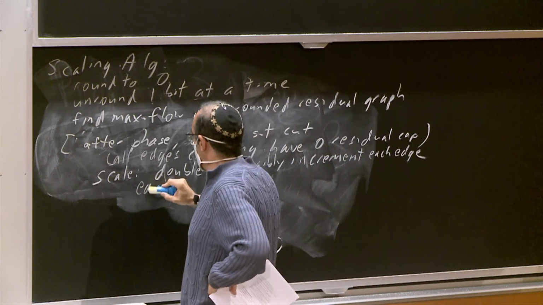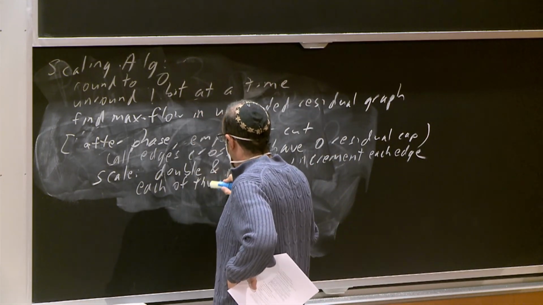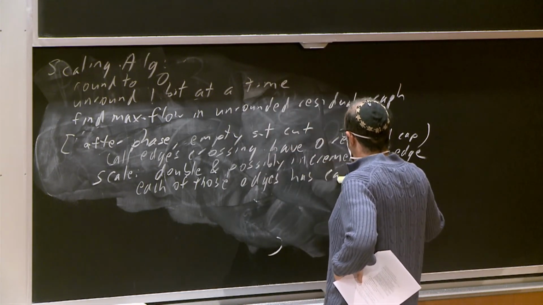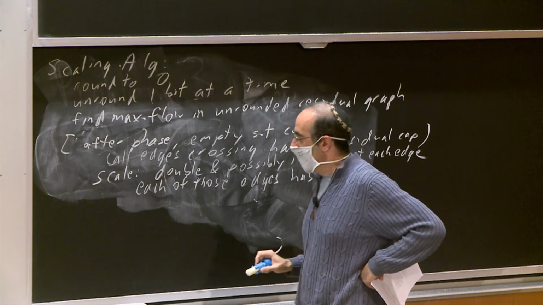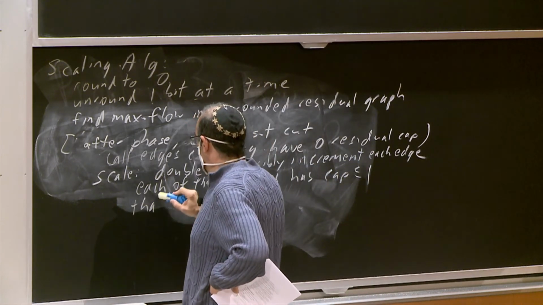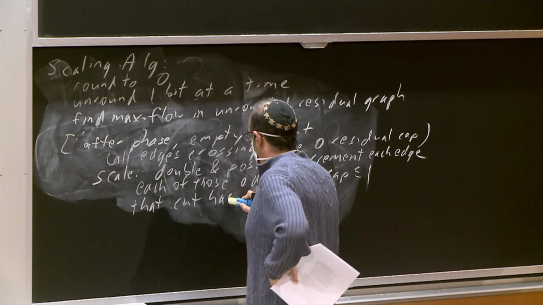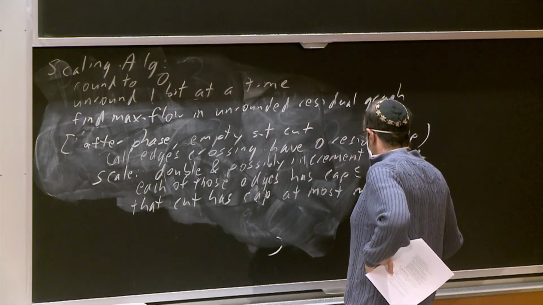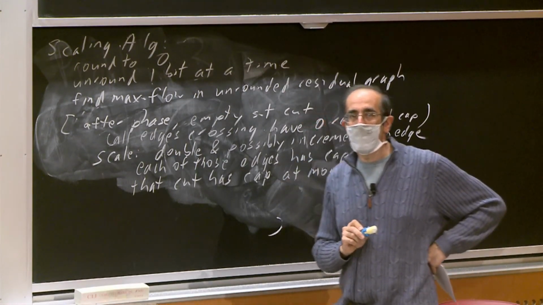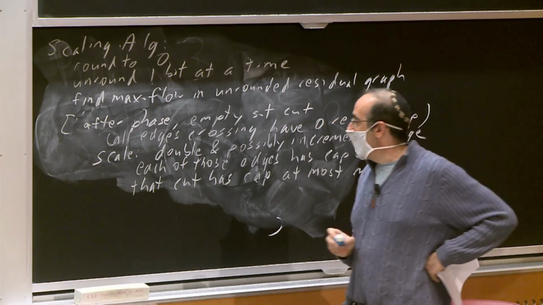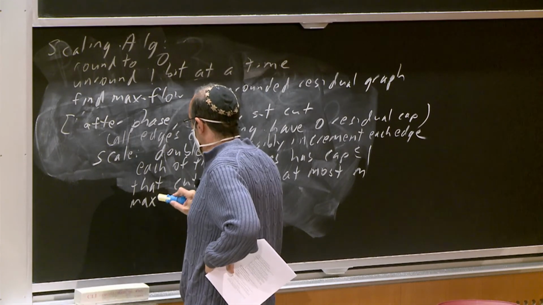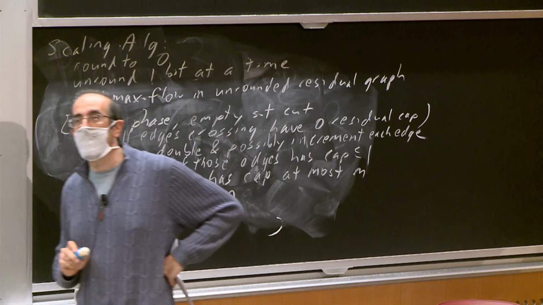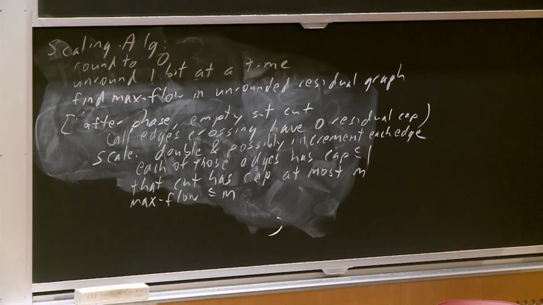And that means that each of those edges has capacity at most 1, which means that that cut has capacity at most m. And that means that the max flow is less than or equal to m. Okay?